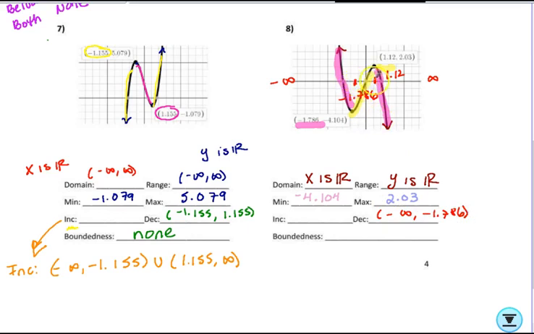And then the graph is increasing from negative 1.786 to 1.12. And union again decreasing from 1.12 to infinity. The range is all real numbers, so no boundedness, it's none.